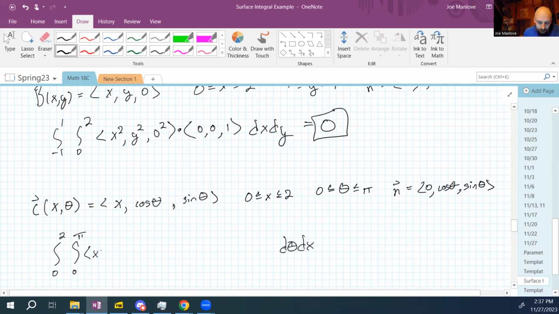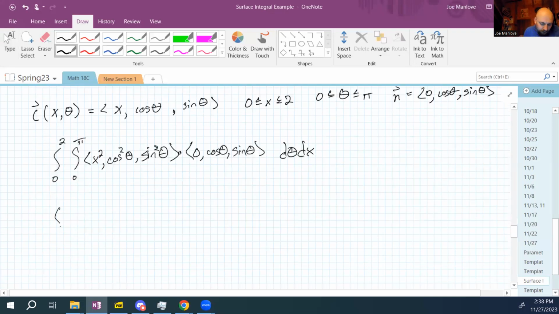I guess I'm integrating x squared, comma cosine squared theta, comma sine squared theta, dotted with 0, cosine theta, sine theta. Okay. Well, that's probably not super convenient. So I've got integrate from 0 to 2, integrate from 0 to pi. Well, I guess I get cosine cubed theta plus sine cubed theta d theta dx. That's kind of annoying.